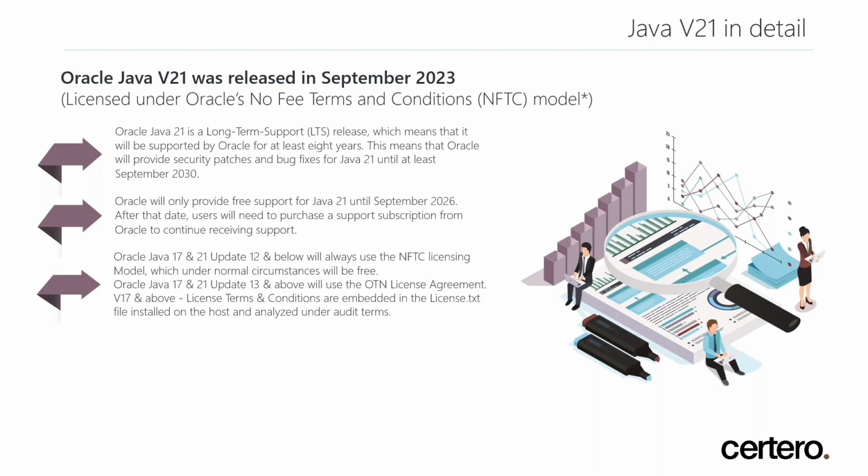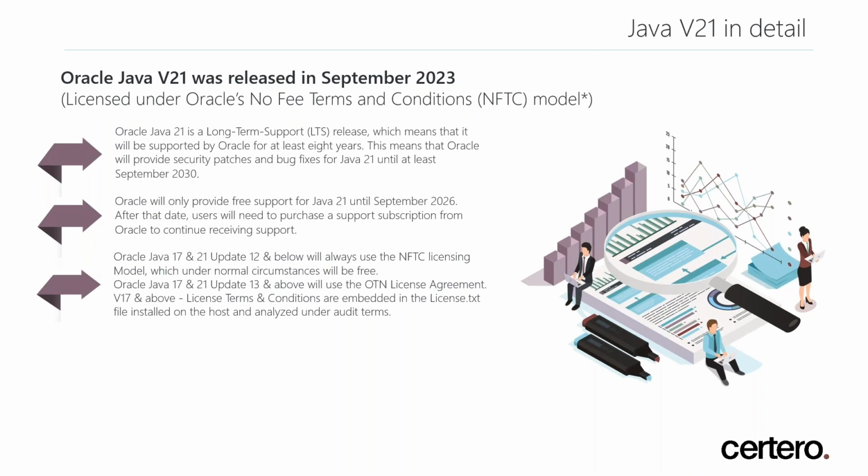So 17 and 21, and it will be 25 and 29 as well. It's checking the update is 12 or below, and it'll be under the NFTC licensing, which under normal circumstances is free. And the 17 to 21 update 13 and above will go to OTN. And this is how Oracle will obviously make the money, because people have to stay.